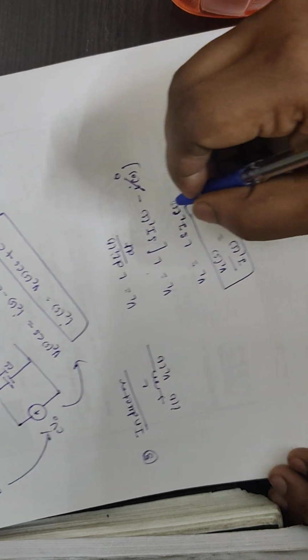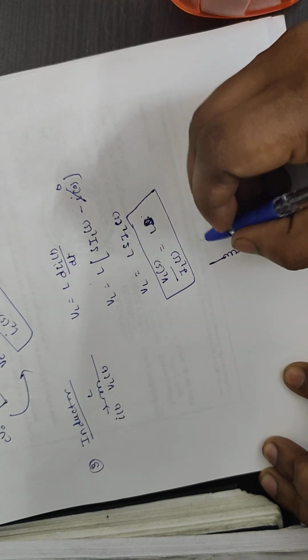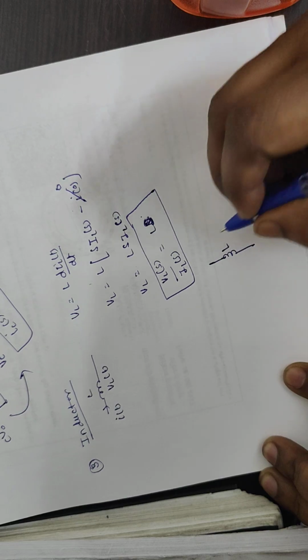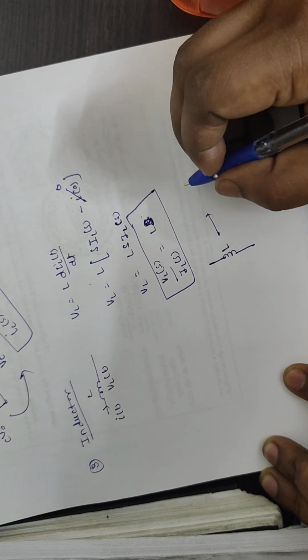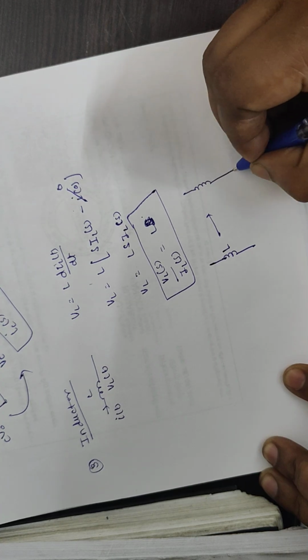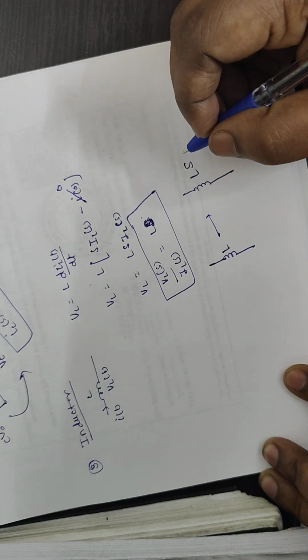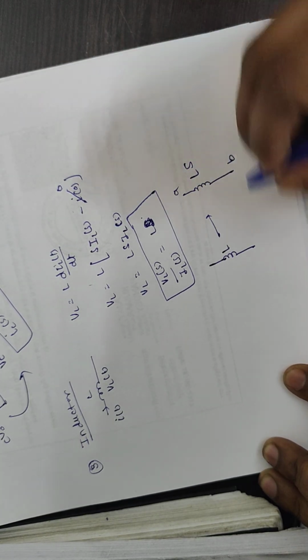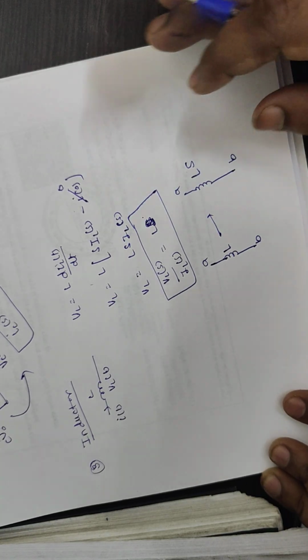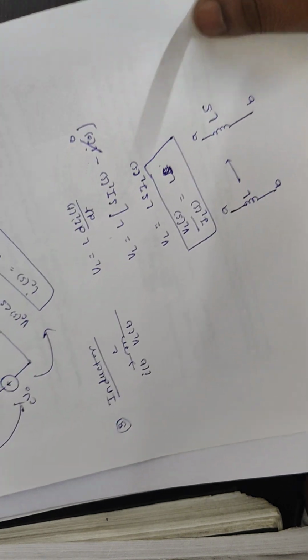So if we write the inductor, it will be changed, if we take the Laplace transform, to L into S, between A and B. And what will happen when the inductor is already charged? We can see that part also.